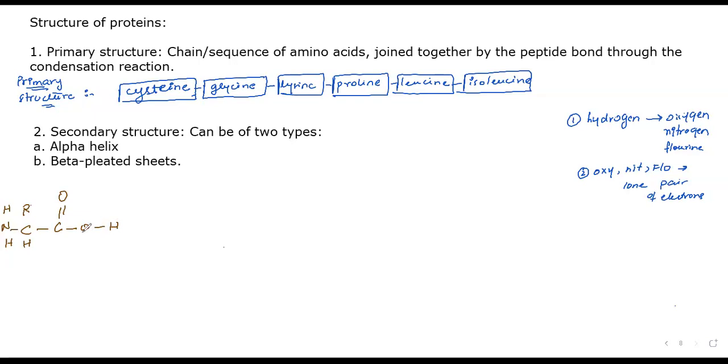Electronegativity is the ability of any atom to attract the electrons towards itself. Let me be a bit more clear: to attract the shared pair of electrons towards itself. So, for example, we have two atoms that have a covalent bond. The atom that has more electronegativity can pull that shared pair of electrons towards itself.